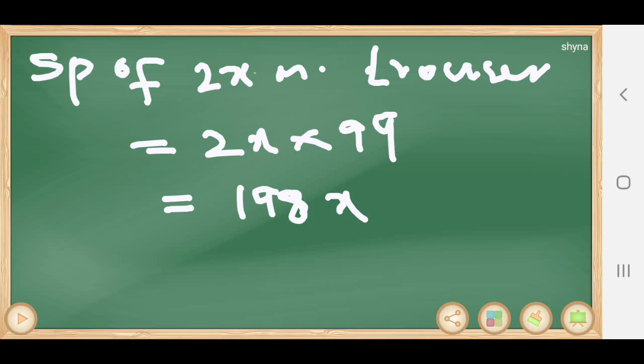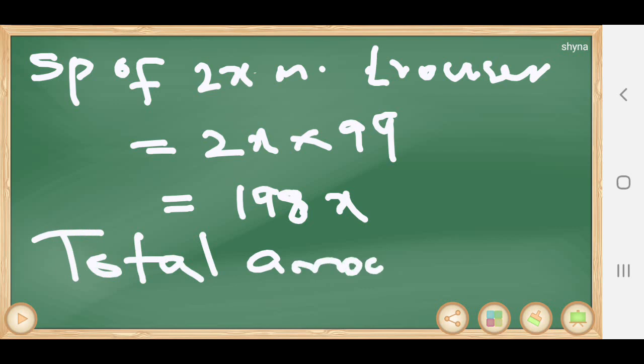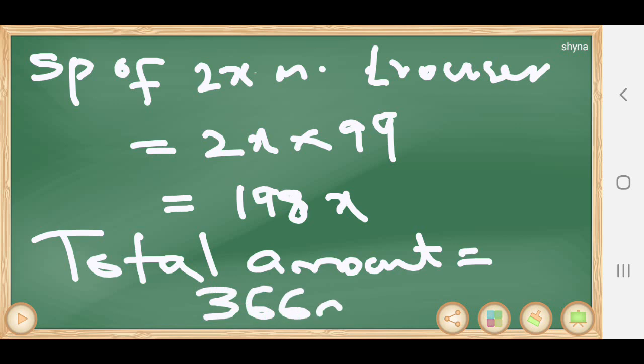Then it is given that total he got 36,600 rupee after selling this. That means total selling price of shirt material and total selling price of trouser material equal to 36,600.